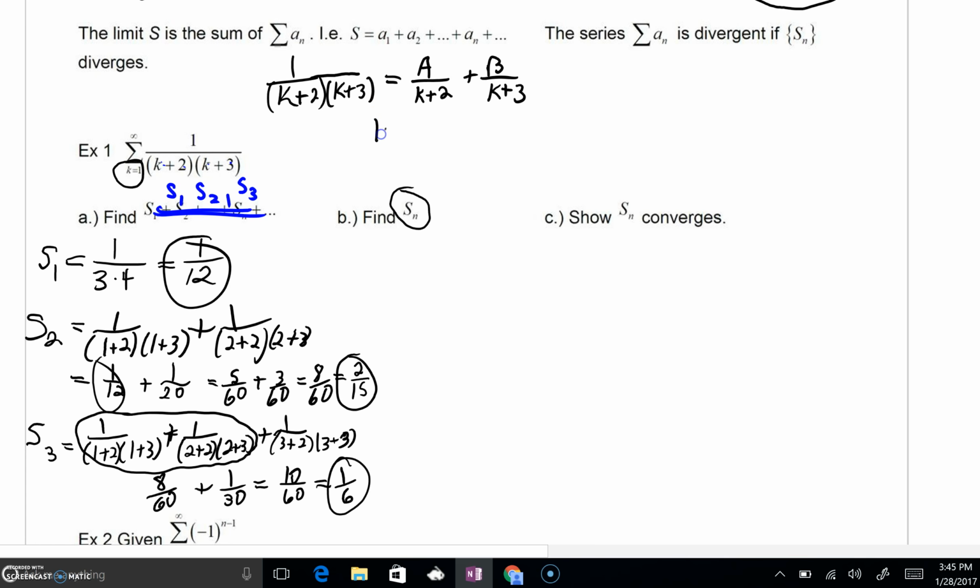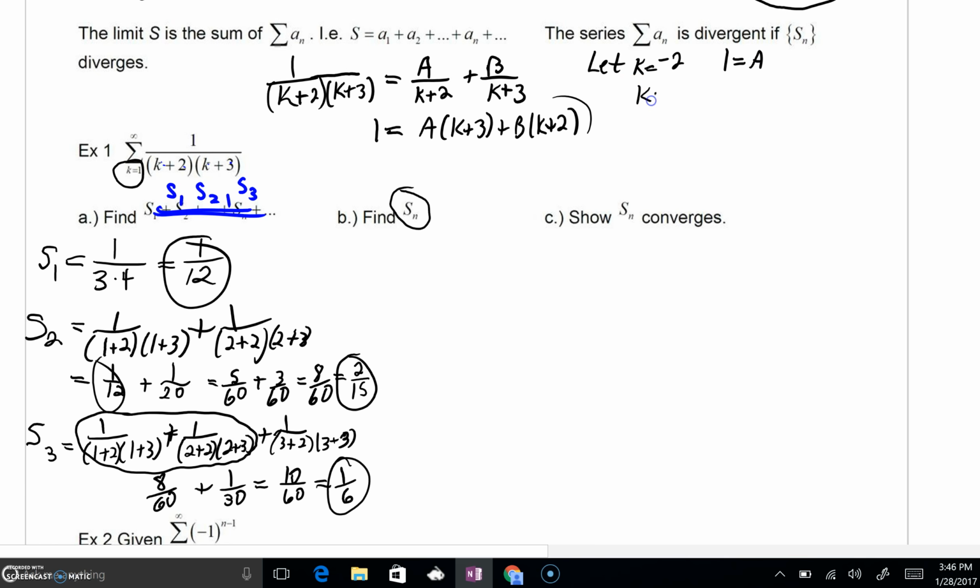Indeed, it will. As I multiply through by an LCD, we'd have A times K plus 3. And here we'd have B times K plus 2. Let's let K equal -2. If K equals -2, of course, this B expression cancels out. -2 plus 3 is 1. You'd have 1A equals 1, or A is just 1 itself.